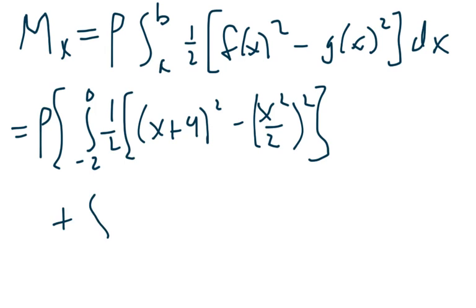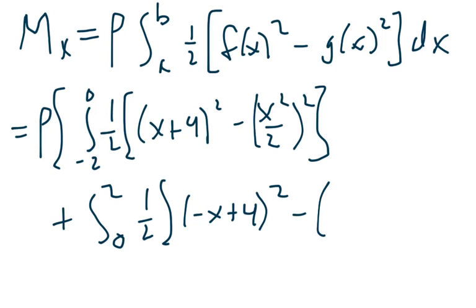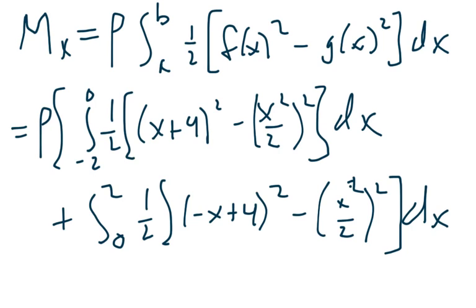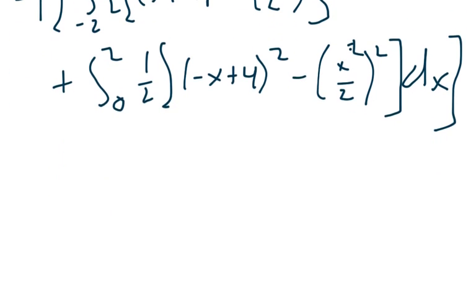That's just the first part, and the second part is going to be 0 to 2, 1/2, minus x plus 4 squared minus x squared over 2 squared. I should have a dx here and a dx here, and then that's it.